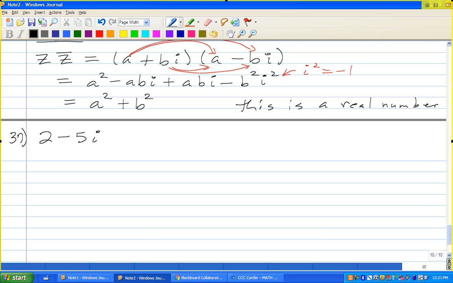In exercises 37 through 42, write the complex conjugate of the complex number and verify that the complex number times its conjugate is the square of the real part plus the square of the imaginary part. Okay, so let's do that.